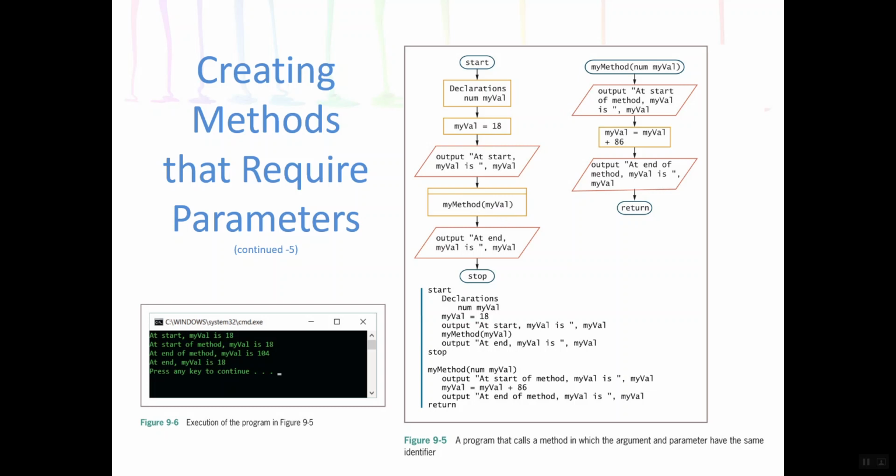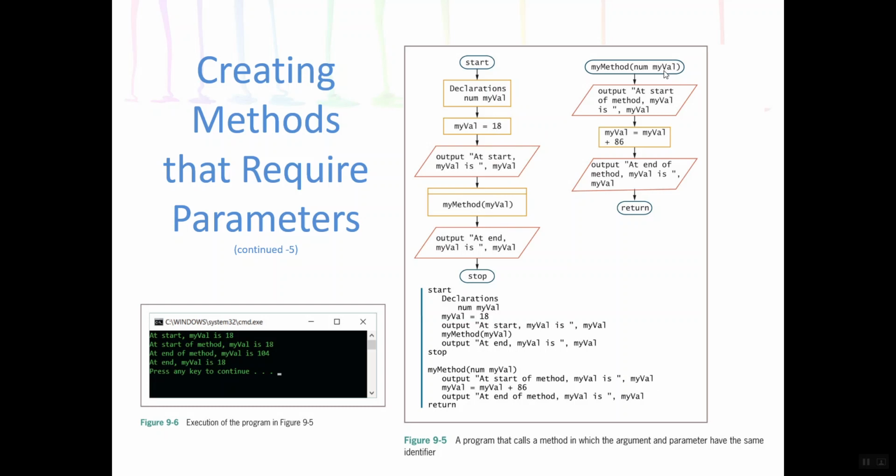I have to pause right there and say that can be a bit confusing. We have a variable in main called myVal, which we're using as an argument, and we have a parameter for my method called myVal. Is that a problem? It's not a problem.